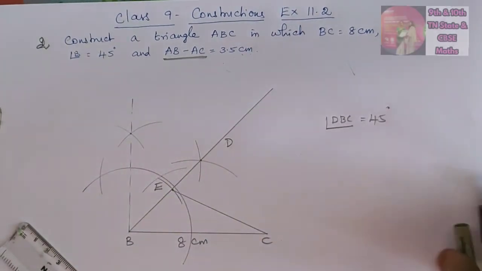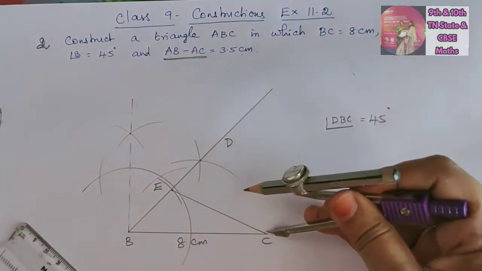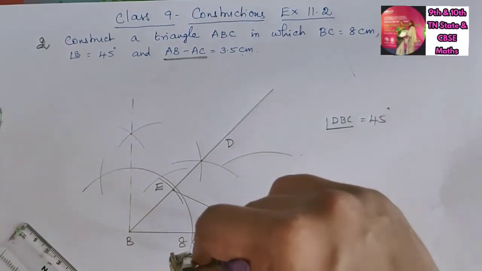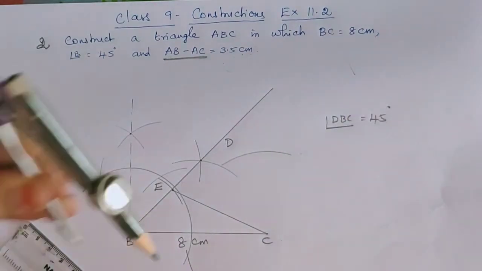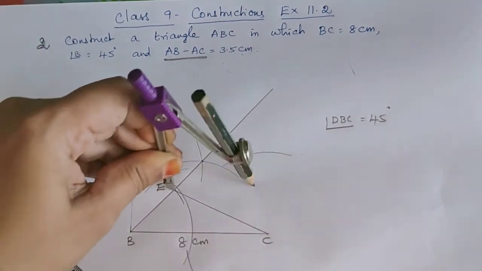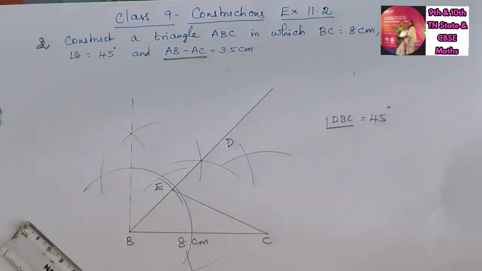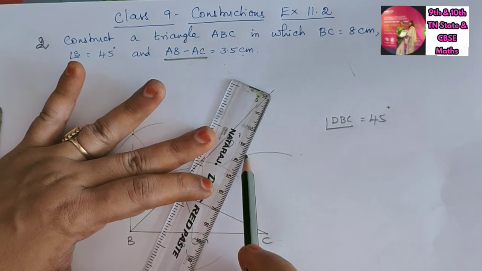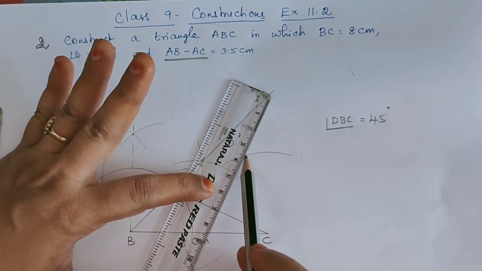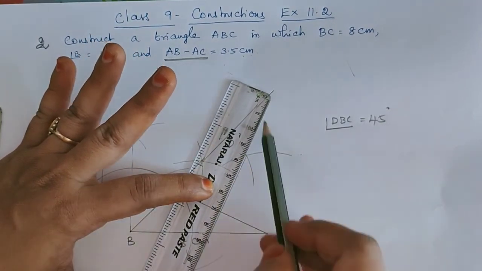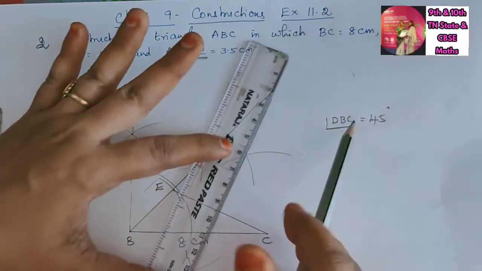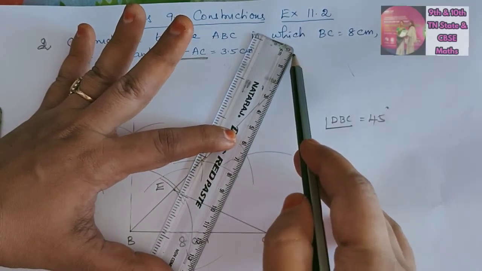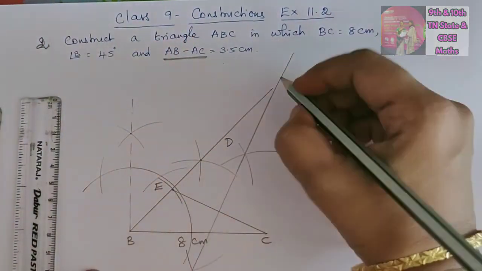So for EC, we'll construct a perpendicular line. So more than half above and below arcs with E as center, above and below arcs. Then we will extend the line to that BD ray, it has to bisect that BD line.